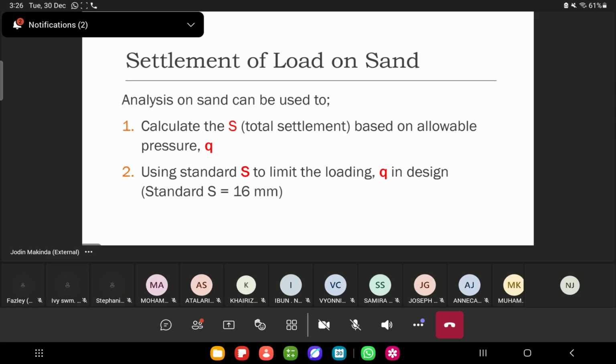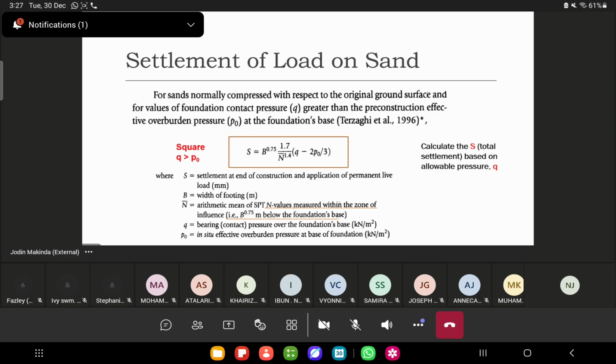One, we calculate the settlement from the given loading. Two, we fix the settlement and we calculate the allowable limit loading. So these two methods, let's look into the difference.